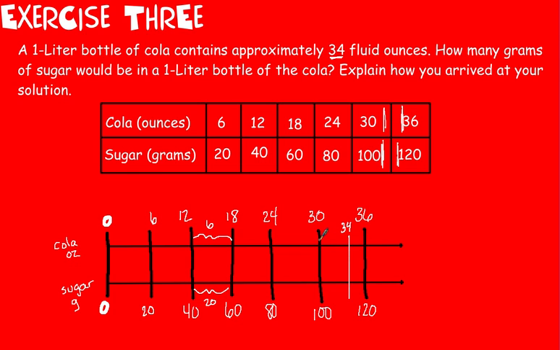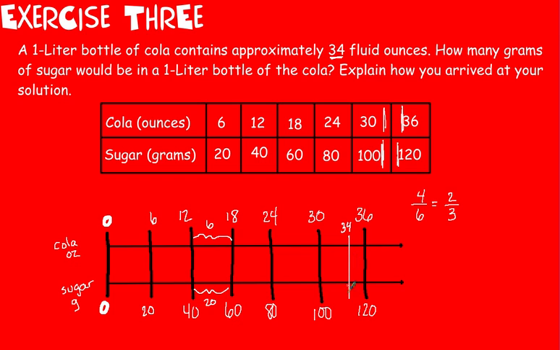Well, since I know that between 30 and 36, I have 6 units, and I'm only going 4 units across, so there's 6 total, but I'm only going 4. I'm going 4/6 of the way between 30 and 36. If I reduce this, I know that it reduces to 2/3.